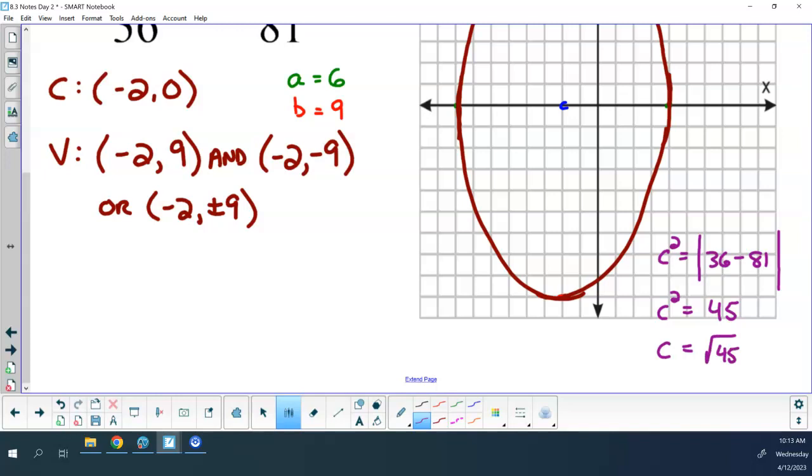Can the square root of 45 be simplified? 3 square roots of 5. Because 45 is 9 times 5. Square root of 9 is 3, so it's 3 square roots of 5.